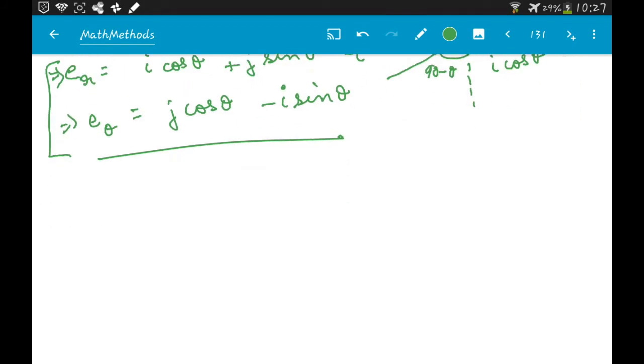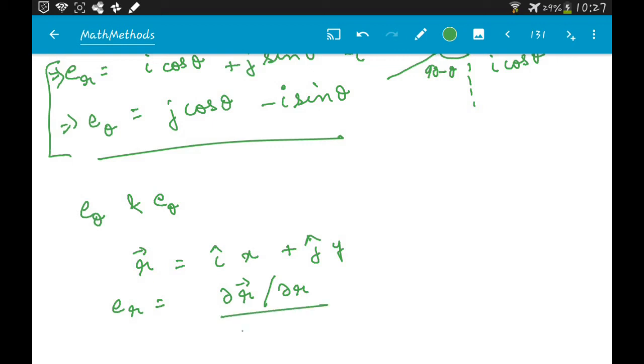So we can also calculate ER and E theta from the vector R. If we have vector R, it is going to be written as ix plus jy. So ER is nothing but dou R by dou r divided by the norm of dou R by dou r, because this is the unit basis vector, so you have to divide by the norm of the vector.